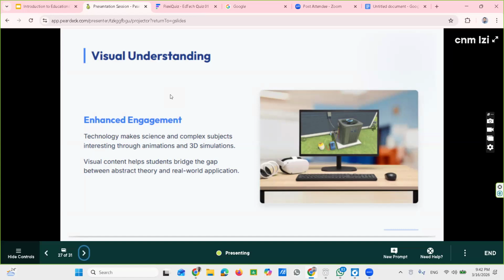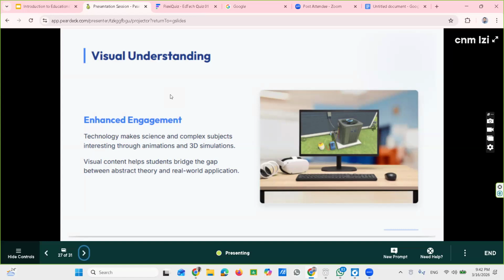Look at this paragraph and read out the statement. Technology makes science and complex subjects interesting through animation and 3D simulation. You can deliver this visual in the form of animation and 3D simulation.